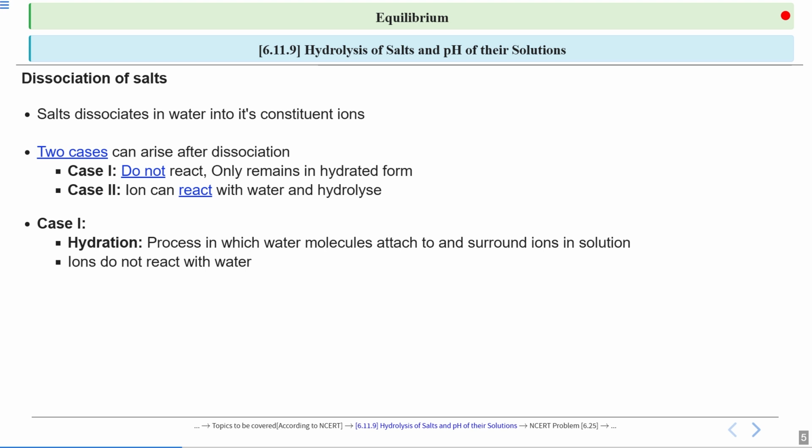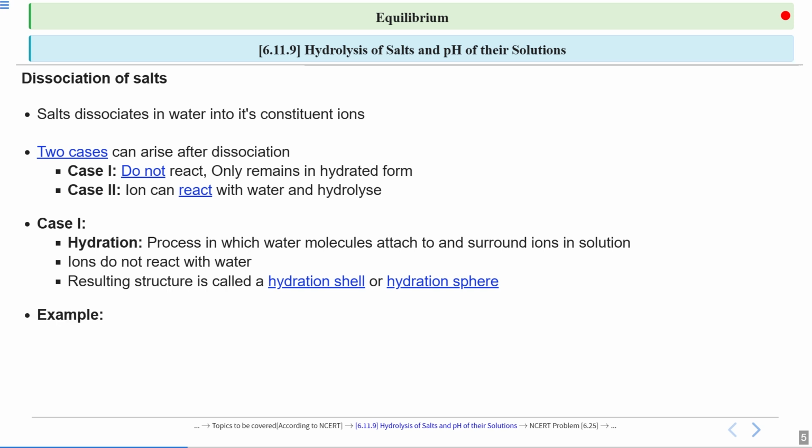Obviously, if it is getting surrounded and no reaction is occurring, we can say that the ions are not reacting. As a result, the actual structure of the ion is not observed. You can say that the actual structure is hidden inside a shell, and that shell is created by the water surrounding your ion. We call this overall thing a hydration shell or hydration sphere.